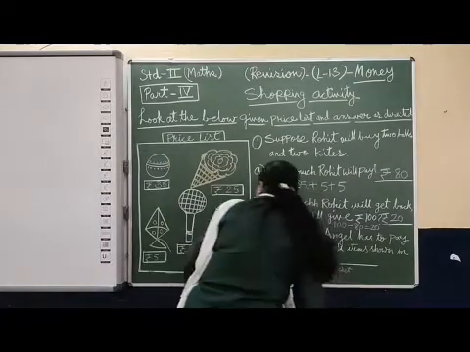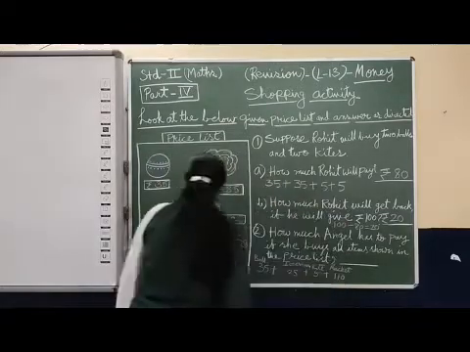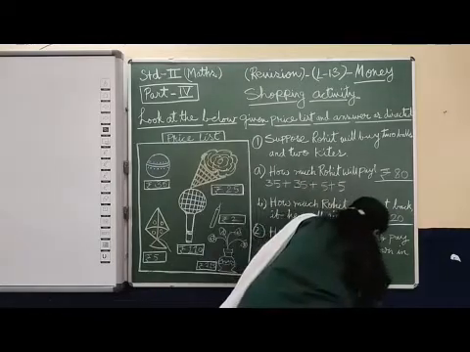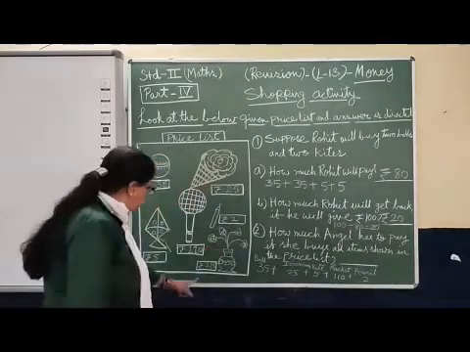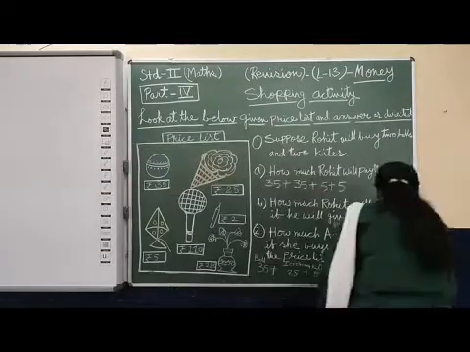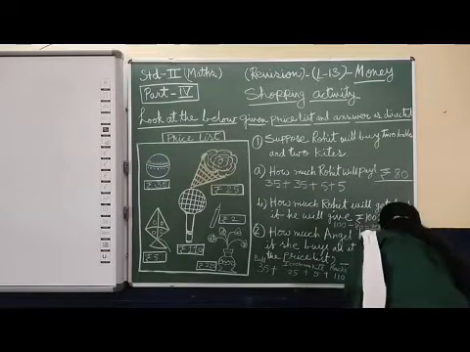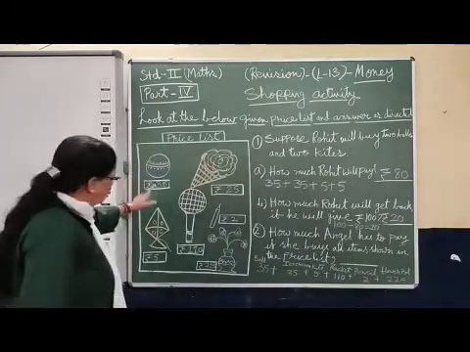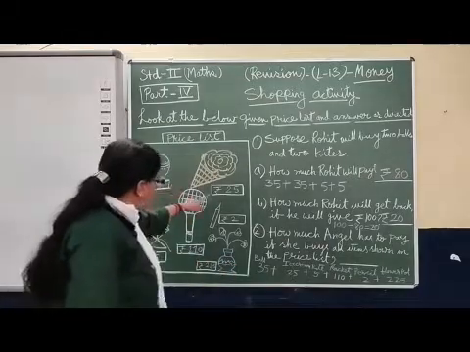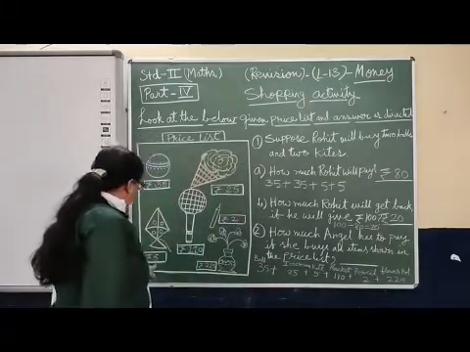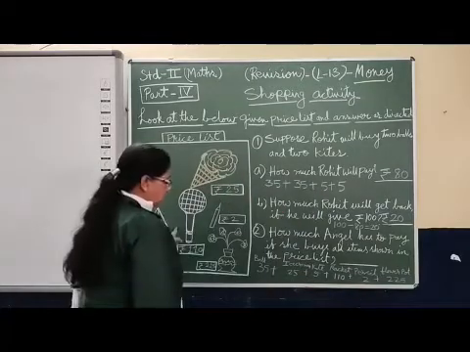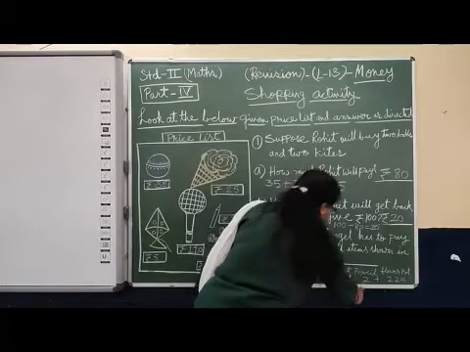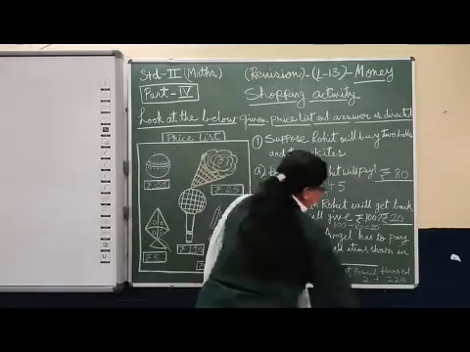What is the cost? 110. Pencil. What is the cost? 2 rupees. And the last one is flower pot. What is the cost? 225 rupees. Isn't it? Roughly we have written. Ball 35 rupees. Ice cream cone 25 rupees. Kite 5 rupees. Racket 110 rupees. Pencil 2 rupees. And flower pot 225 rupees.